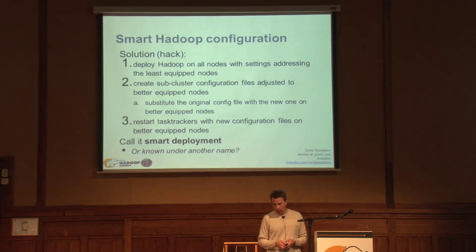So what we came up with is the following. It works for Apache Hadoop version 1.0, like I said. Essentially, you deploy your cluster, as always, with just one configuration file for every node. Then you create another configuration file that addresses your subcluster machines.